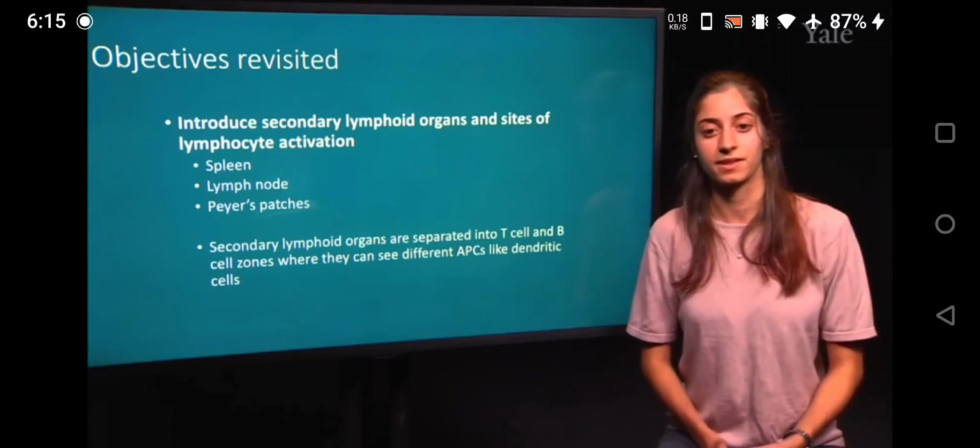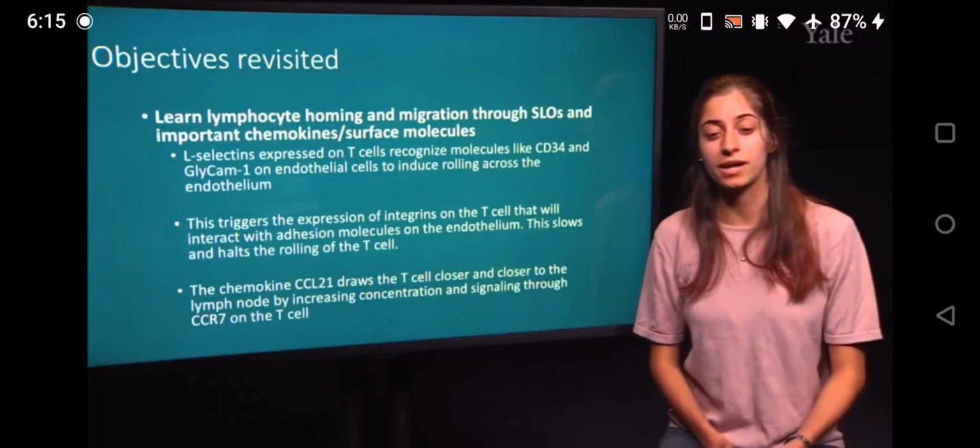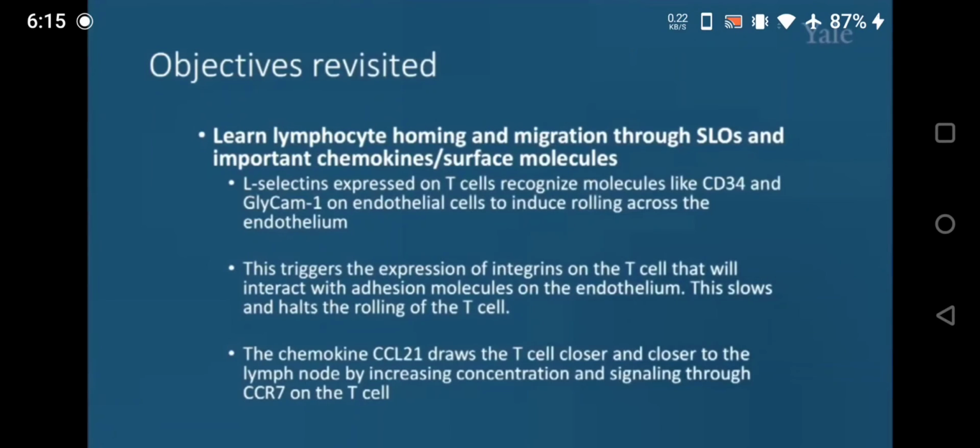Our second objective was to learn about lymphocyte homing and migration to the secondary lymphoid organs and the chemokine molecules, as well as the surface molecules that are important in that process. We learned that L-selectins expressed on T cells interact with molecules like CD34 and GlyCAM-1 on the surface of the endothelial layer to begin a rolling process that stops it from flowing freely through the bloodstream.